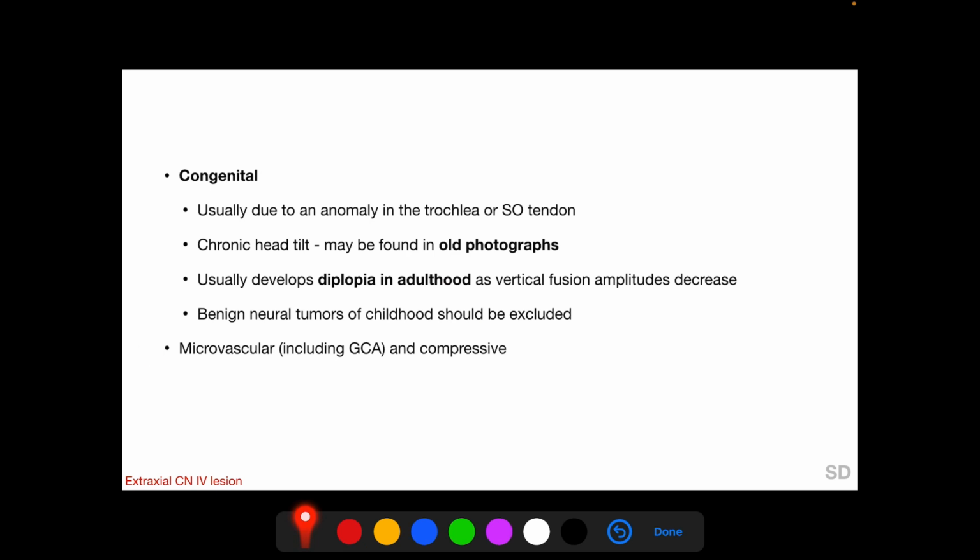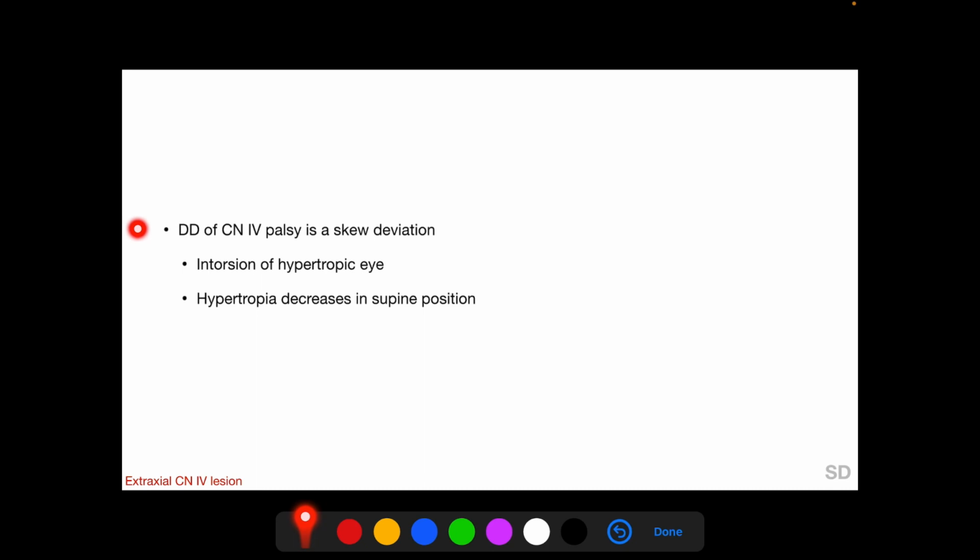Fourth cranial nerve palsy can also occur from other causes such as a microvasculopathy, giant cell arteritis, or a compressive lesion. The differential diagnosis of a fourth cranial nerve palsy is a skew deviation. In a skew deviation, there is vertical deviation between the eyes, and this results from a supranuclear cause.